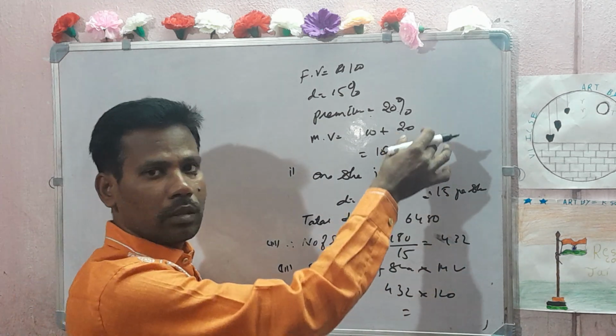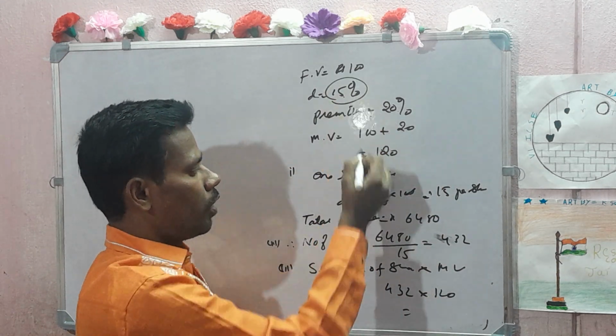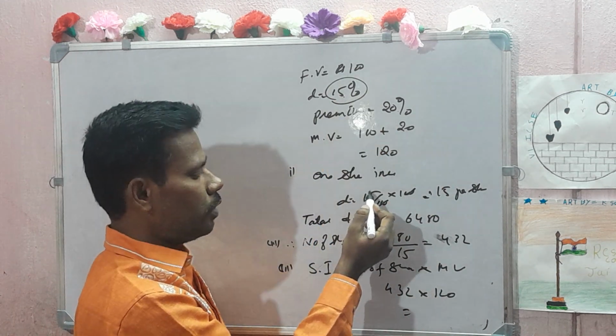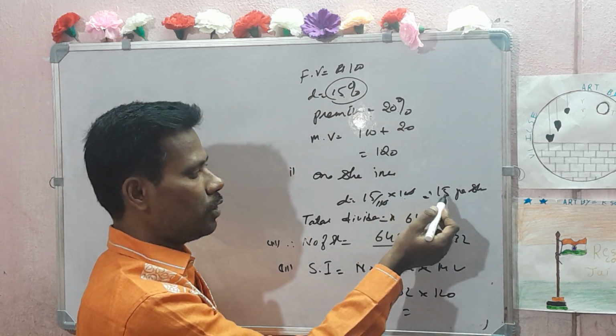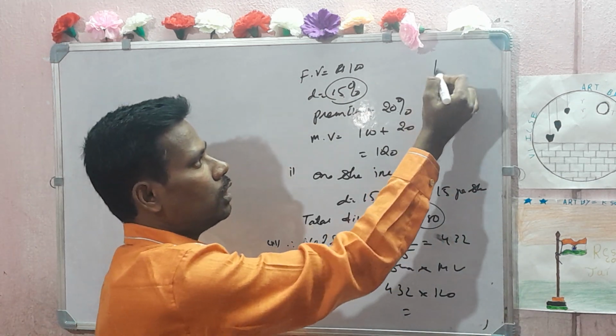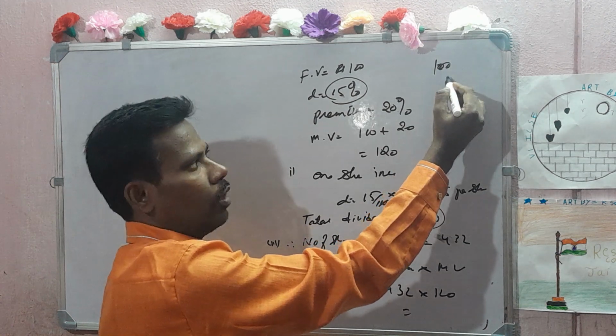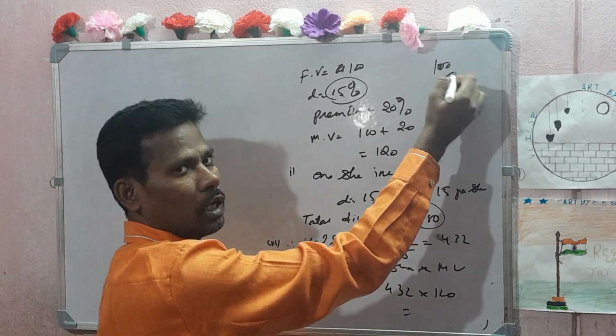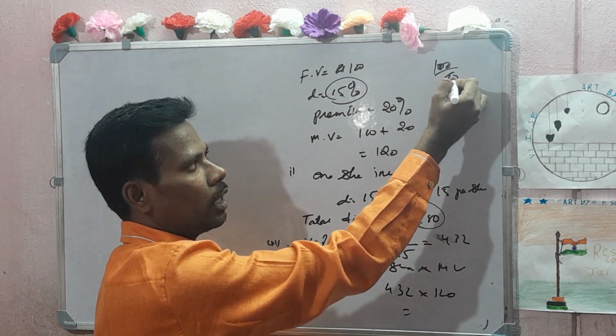Simple. Go for the basics. What is the meaning of 15%? 15 by 100 into 100. Per share is 15. Total is very simple. Suppose total is 100 rupees and one pencil box is 10 rupees. How many boxes will there be? 100 divided by 10.